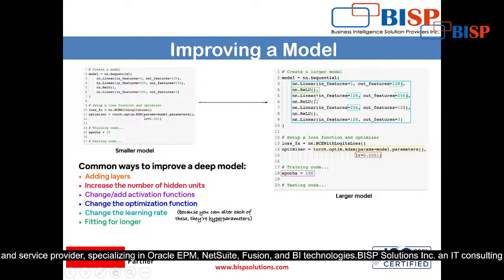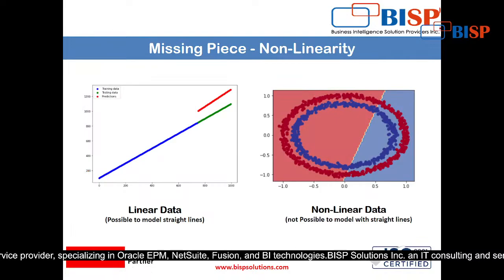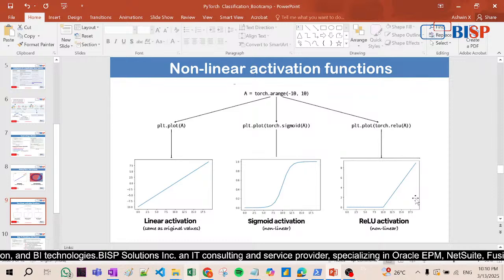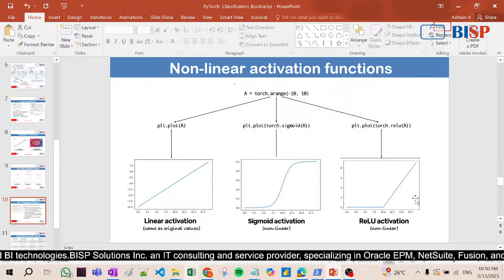So these functions make the process much better. Now if you see here, this is linear data and this is non-linear data. This is ReLU activation. We will see this in our practical part.